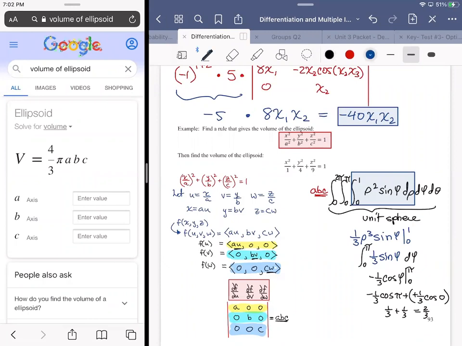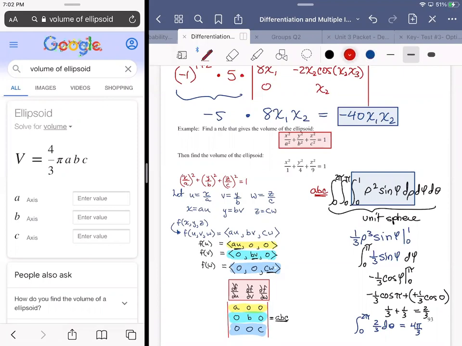Then we integrate that over the interval of 0 to 2 pi. You can save yourself time, because if you remember the old school rule for the antiderivative of a constant function, you just multiply by the difference between the bounds. In this case, it would be 4 pi over 3.